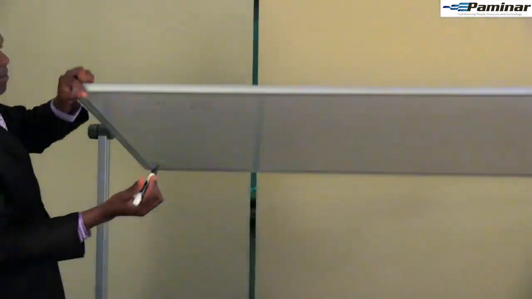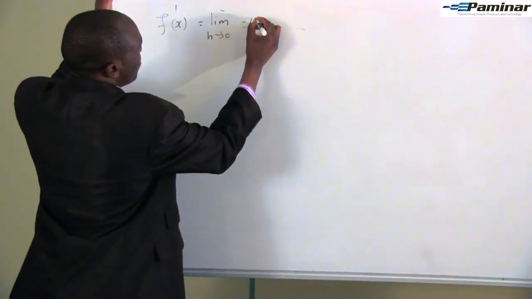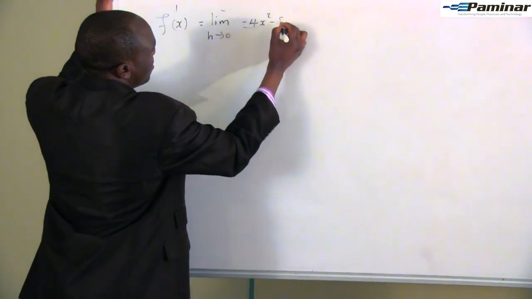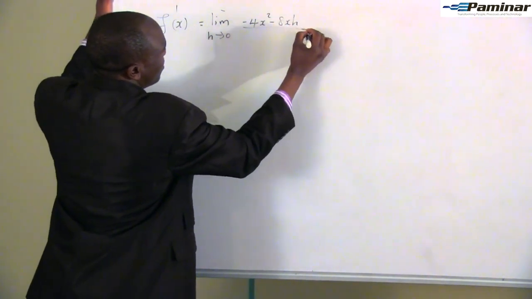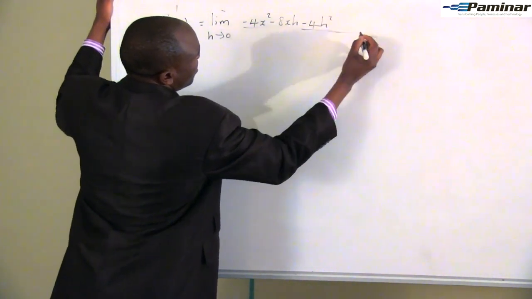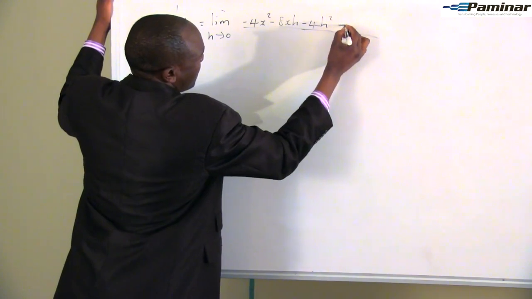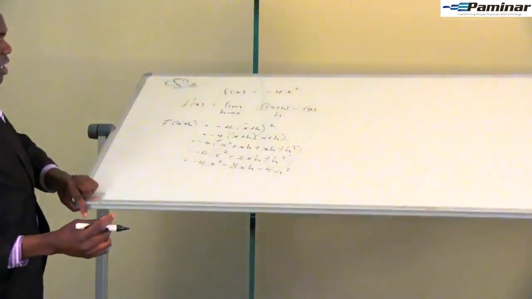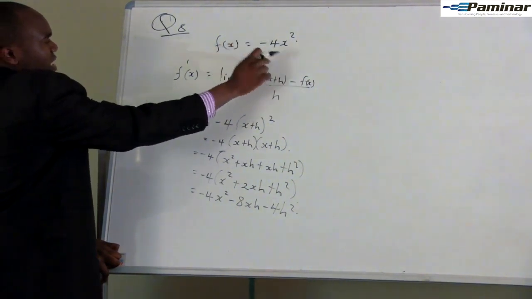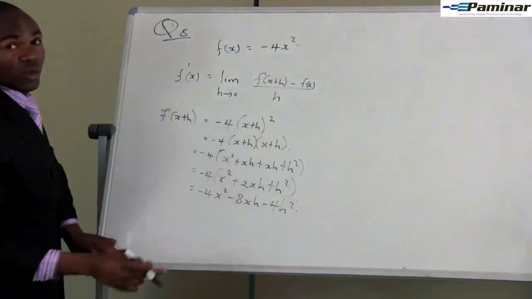Minus 4x squared minus 8xh minus 4h squared plus 4x squared, that's f of x being subtracted, all over h.